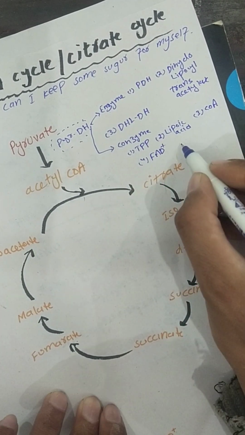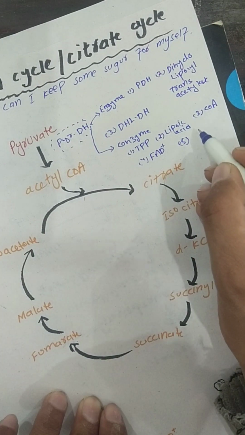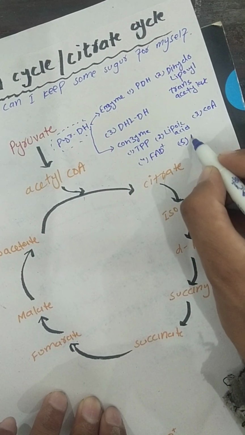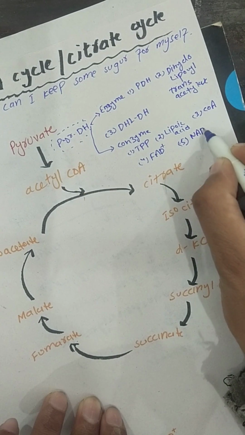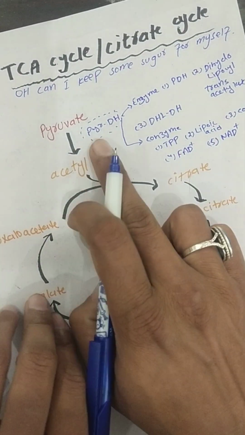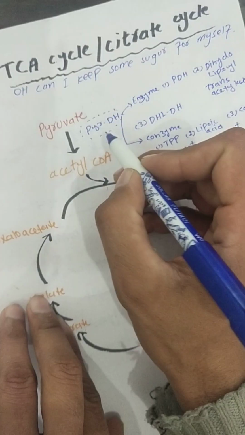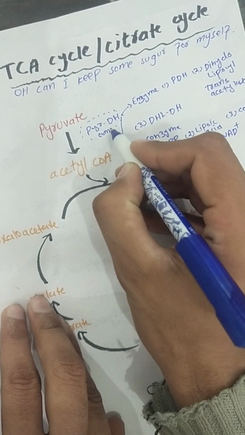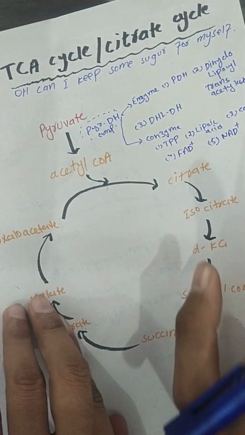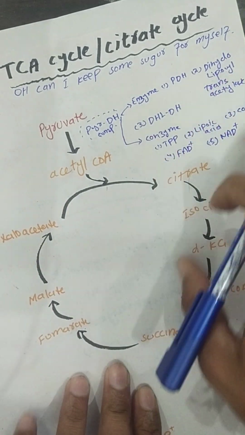Then the fifth coenzyme is NAD positive, or NADH. So these are the 5 coenzymes present in the pyruvate dehydrogenase complex, along with the 3 enzymes. This complex helps in the conversion of pyruvate to acetyl CoA. You don't need to remember the reaction, just these enzymes and coenzymes.